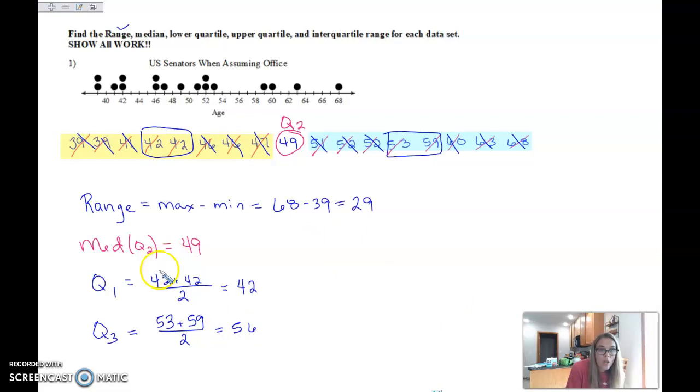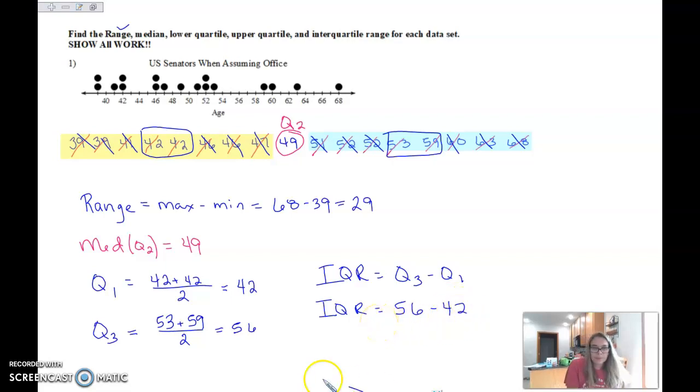Okay, so to find the IQR, you're going to take Q3 minus Q2, oops, I lied, Q1, and then that will give you your IQR. So your IQR is 56 minus 42, which would be 14.